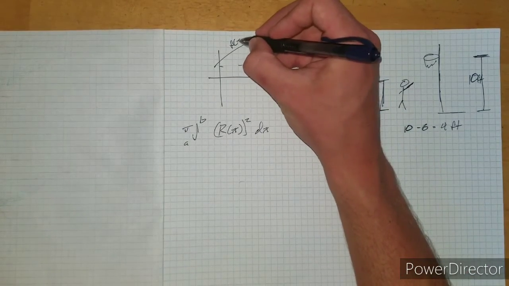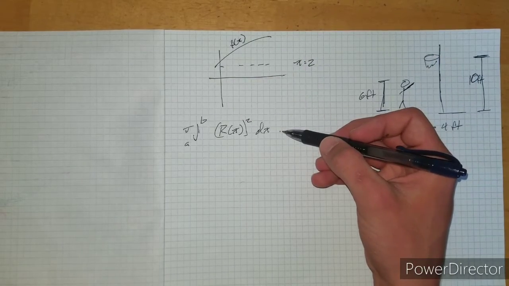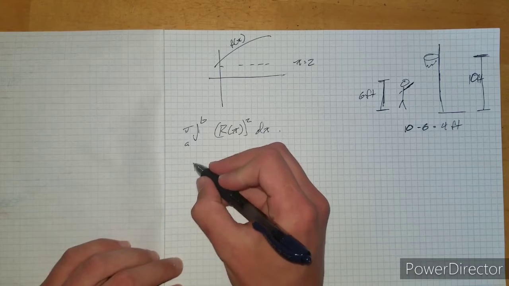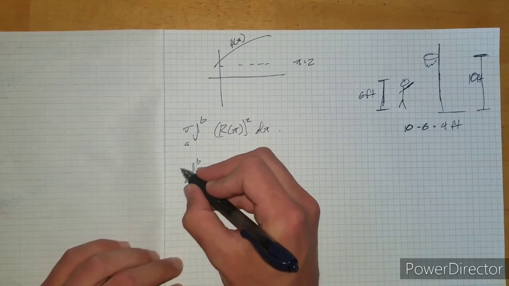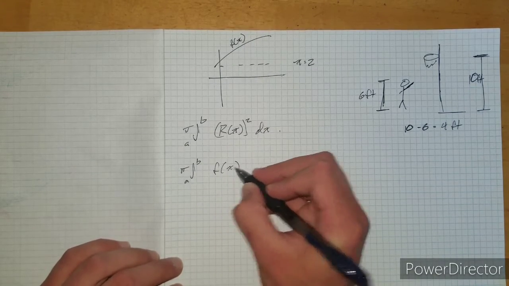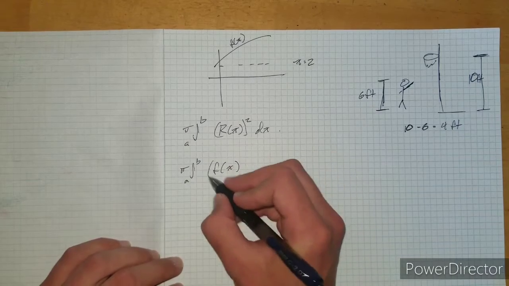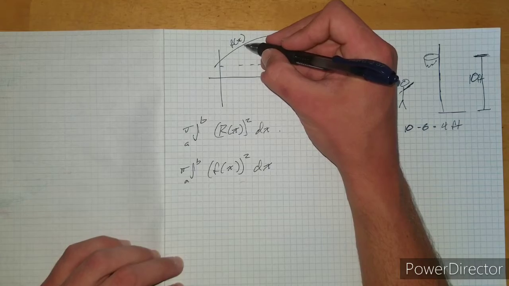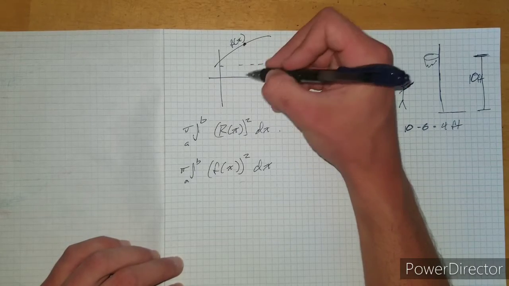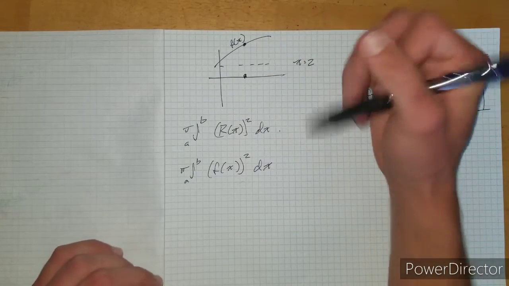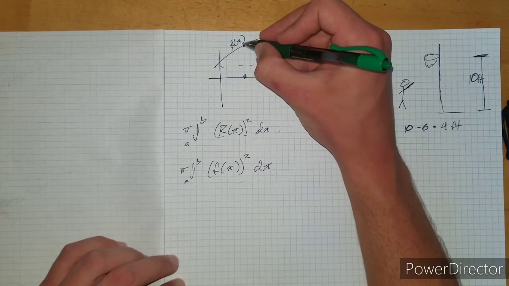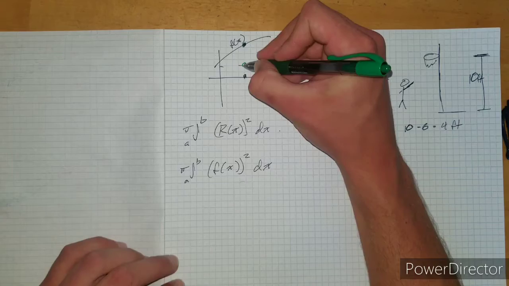This is f of x, so this is our equation, and we just plugged in f of x for r before, because the radius was from this line to this line. But now the radius is from this same spot to this spot.